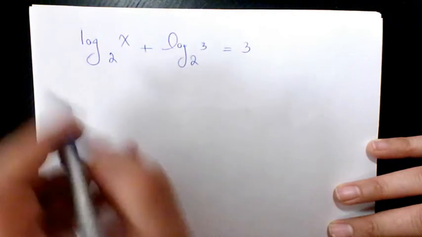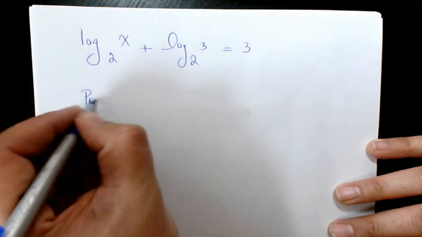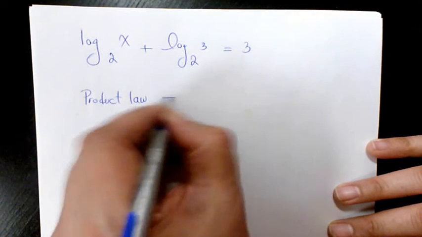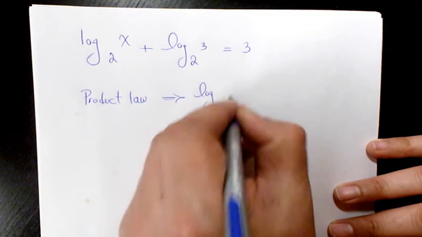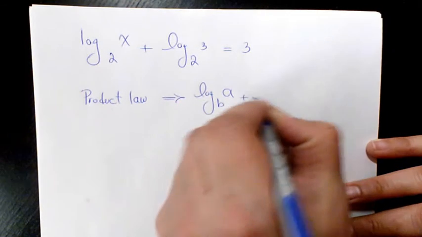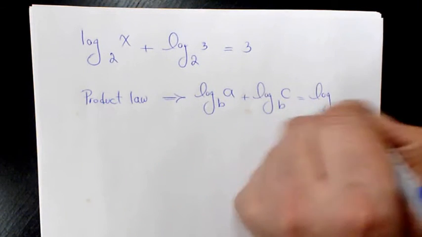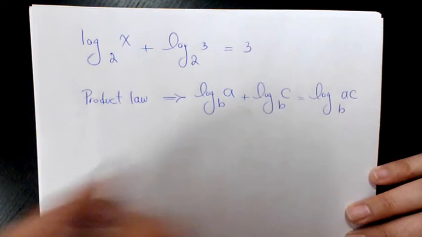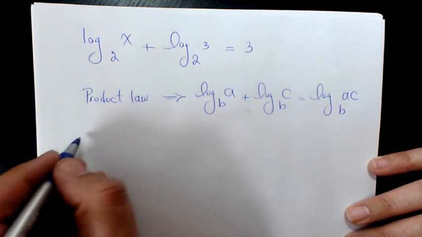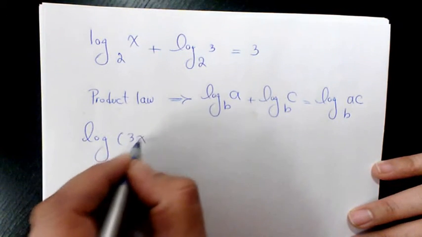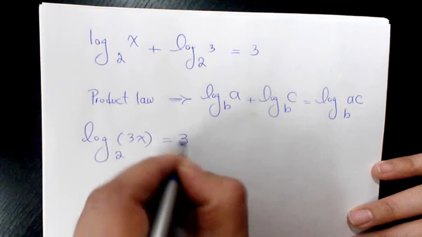I'm gonna use the product law, and I can say log a base b plus log c base b is going to be equal to log ac base b. Therefore, on the left hand side, it is going to be log 3x base 2 equals 3.